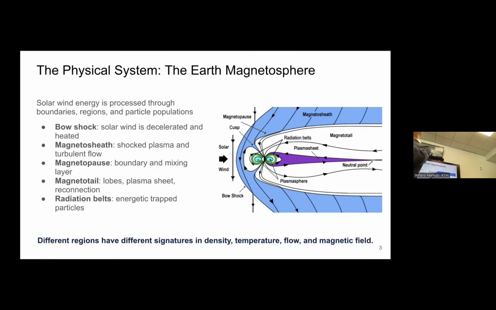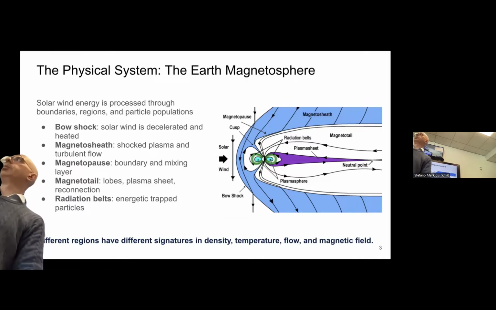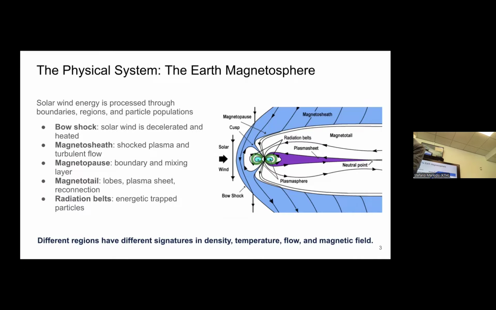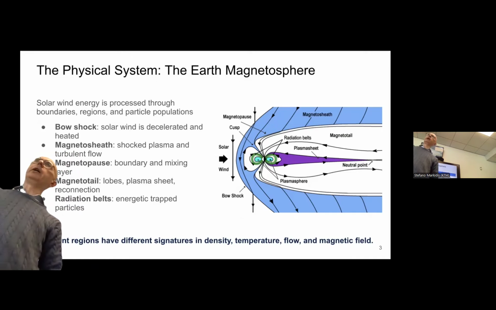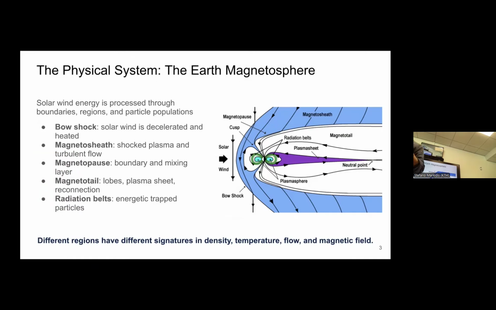The region coming from the sun after the bow shock is called the magnetosheath, which consists of the population of plasma coming from the solar wind that has been heated. Depending on the orientation of the magnetic field that the solar wind drags, this magnetosheath population might or might not be turbulent.